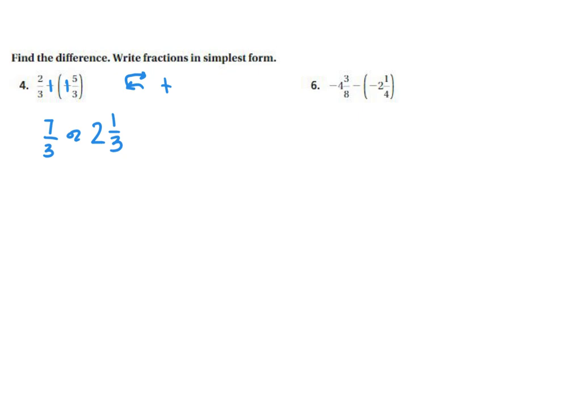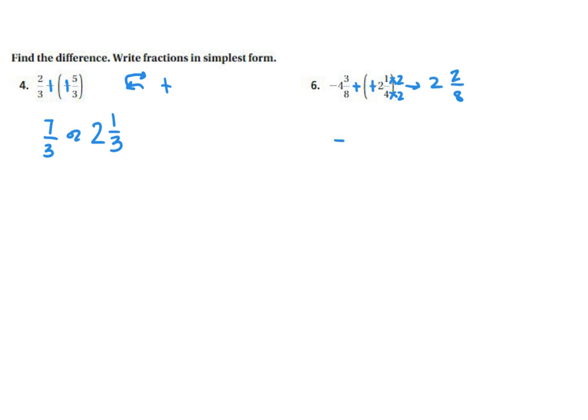For question number 6, we have a similar situation where we have a minus negative. So we can chop. That just is add. And we'll want to turn 2 and 1/4 into a fraction with a common denominator of 8. We multiplied 4 times 2 to get 8, so we multiply 1 times 2.